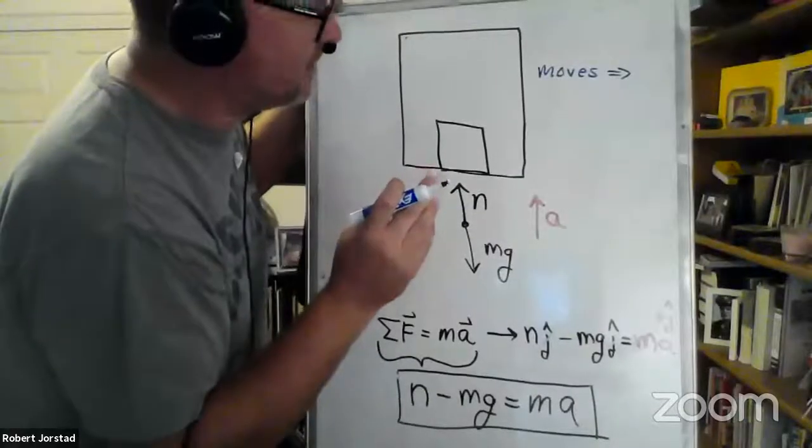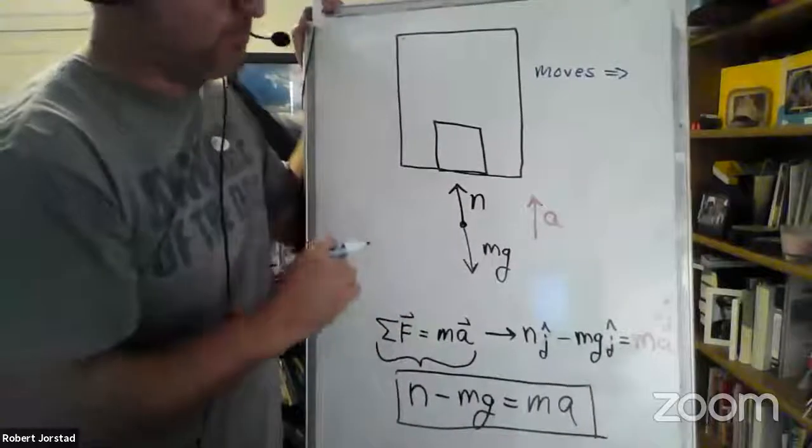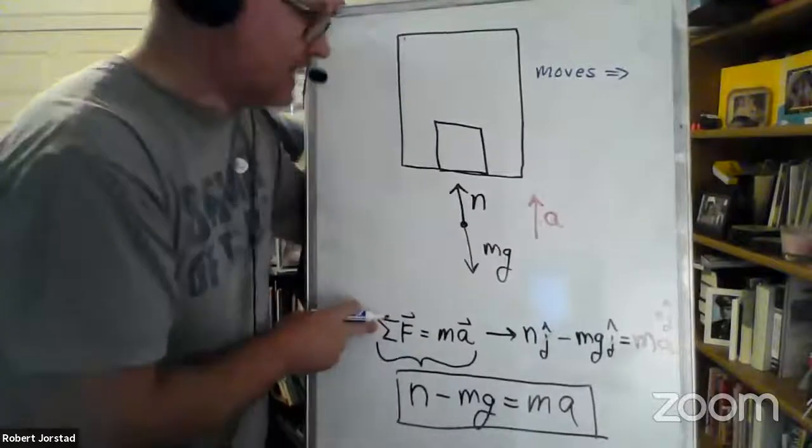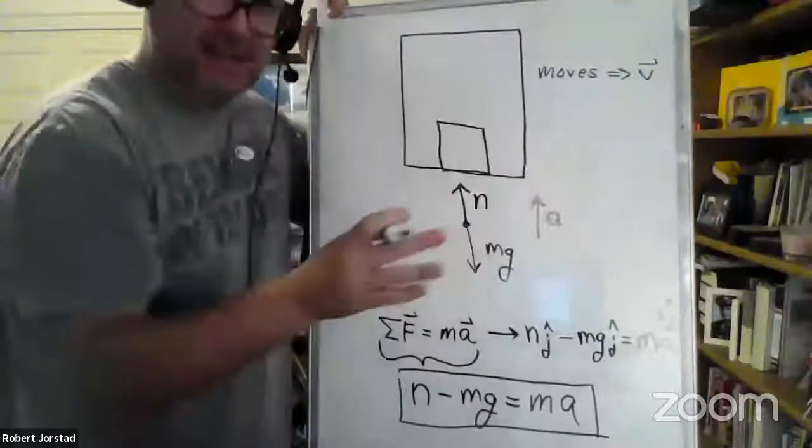Is it the sigma? Say again, sorry. The sigma? Oh, nope. Sigma means net or sum of. Good guess. It's related to velocity. Velocity. So be careful.